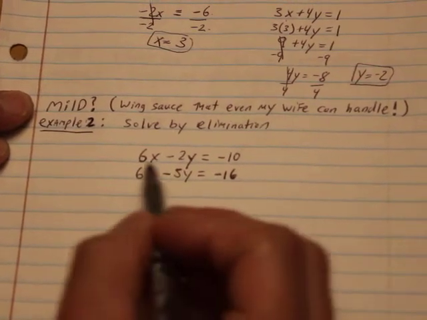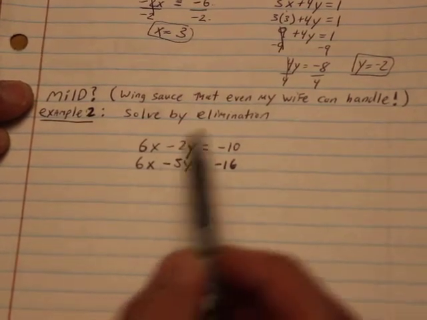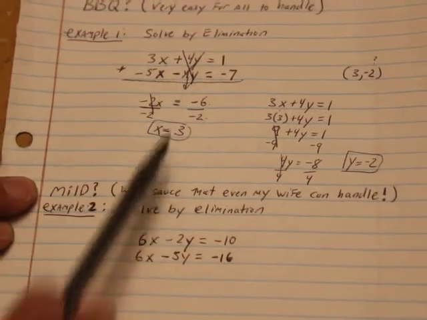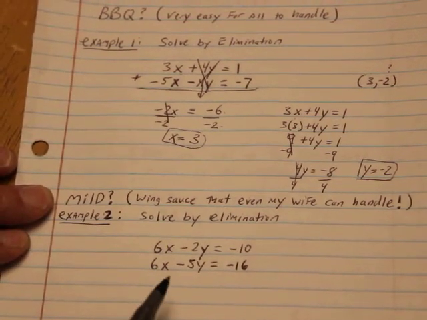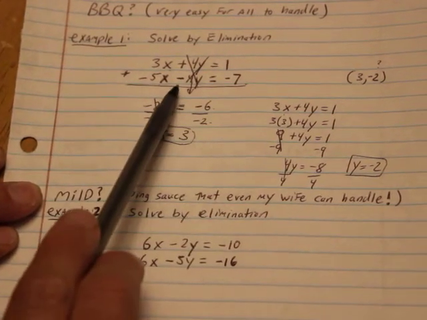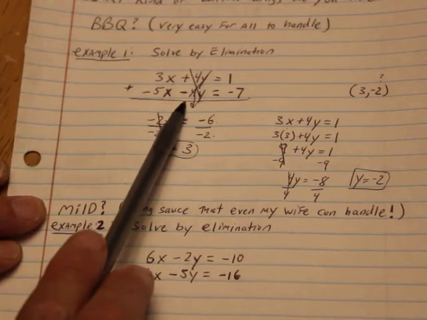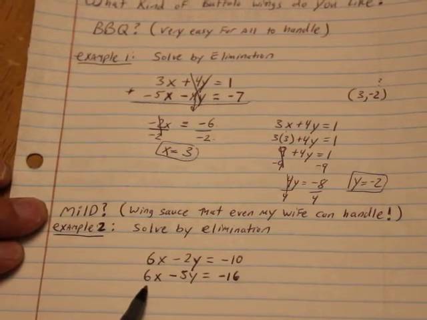So why is this a mild wing sauce problem? Well, if you look at example 2, it's like example 1 because you have the same coefficient here, 6 and 6. The only difference is that in example 1, the barbecue wings, you have opposite signs. Over here, it's the same coefficient with the same sign.